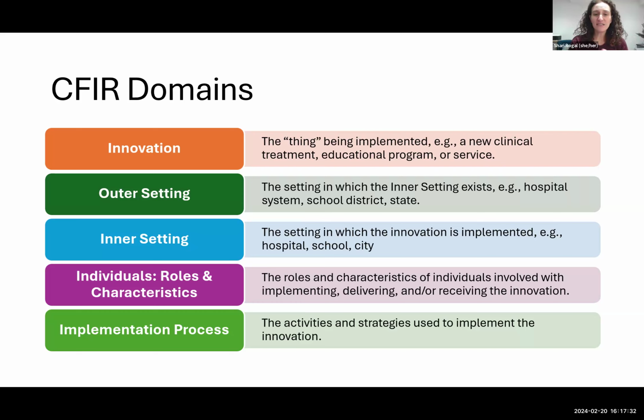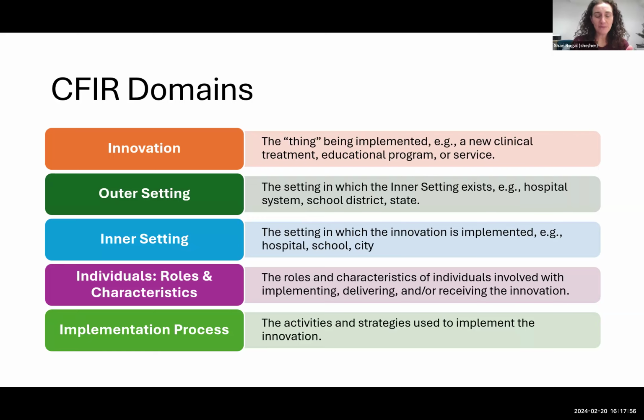So now all of the individuals and their roles and characteristics have been moved into this domain that focuses on people who are involved with implementing, delivering, and receiving the innovation. So this is where patients are, in the sense that their characteristics, their roles, and all of those things are in CFIR in this area.